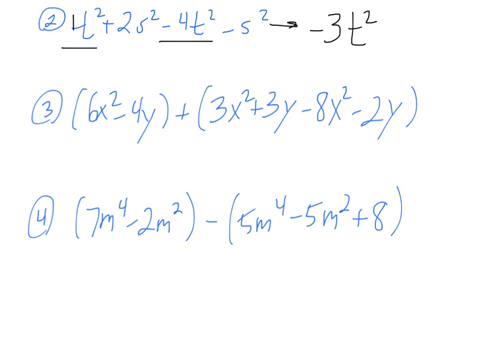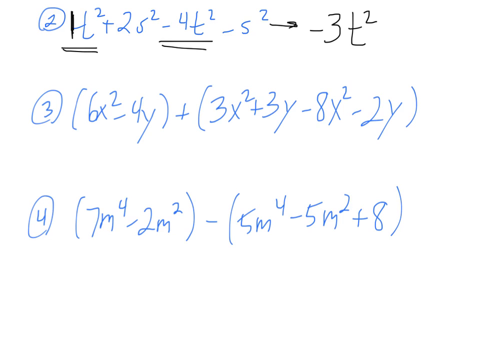Okay, moving on. Number 2 here, what I did is I underlined our like terms. In this example, 1t squared minus 4t squared results in negative 3t squared.